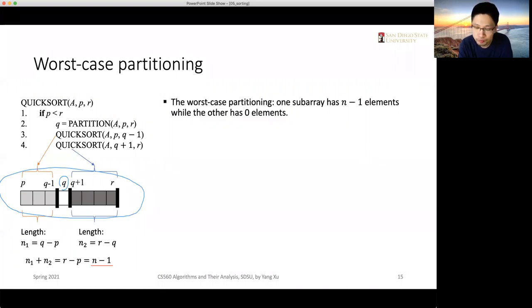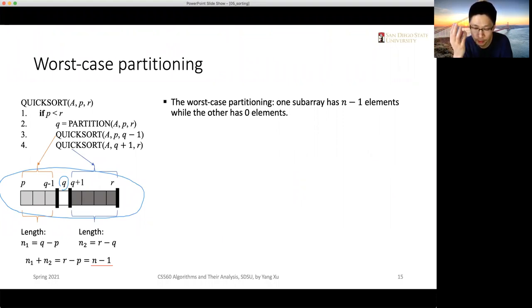According to our last slide, an unbalanced partition is a bad one, and the most unbalanced partitioning in the worst case is that we will have n minus 1 elements in one half, while the other subarray has 0 elements.